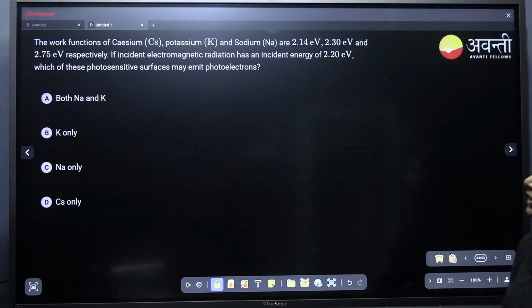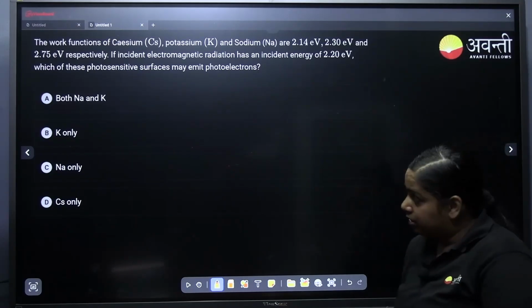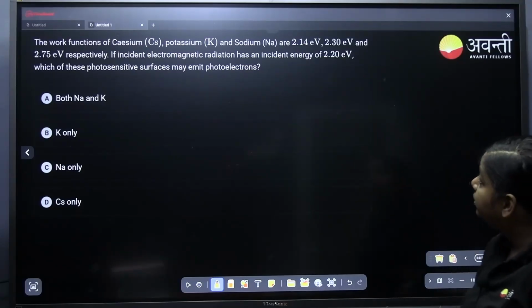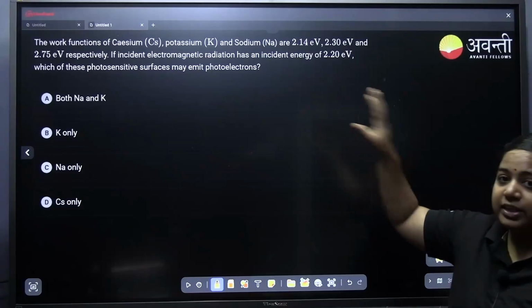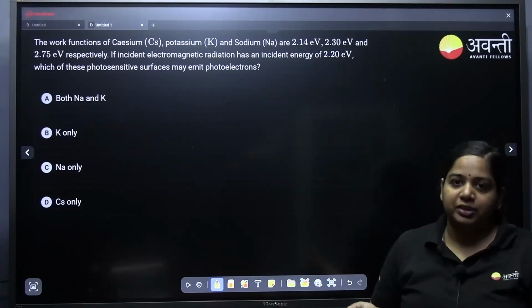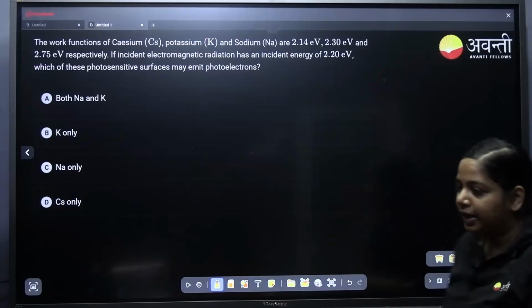The work functions of cesium, potassium and sodium are 2.14, 2.3 and 2.75 respectively. If incident electromagnetic radiation has energy 2.2 electron volt, which of the photosensitive surfaces may emit photoelectrons? You don't need my help in this, you can directly answer. Not potassium. See, the radiation energy should be greater than the work function, then only the electron will be emitted.